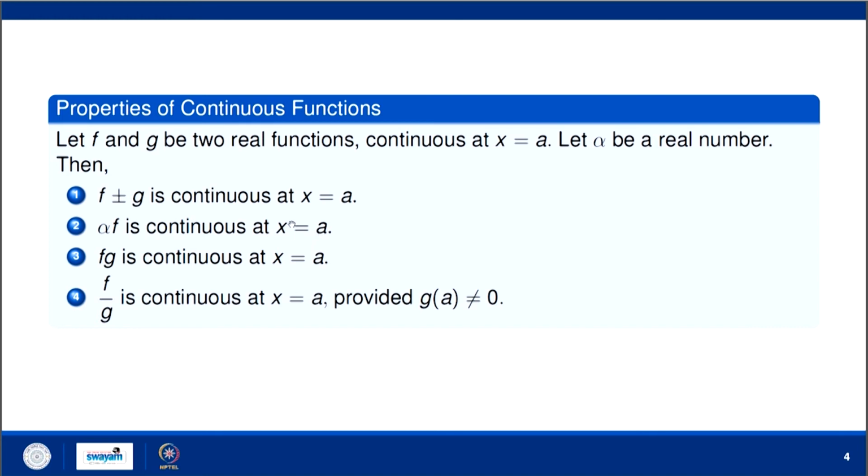You see, it is given to you that f is continuous at a point x equal to a. The product of the 2 functions f into g, this is a simple product of 2 functions, is also continuous at x equal to a, and the division of 2 functions f upon g type is also continuous at x equal to a, provided g(a) is not equal to 0. So, these are few properties of continuous functions.